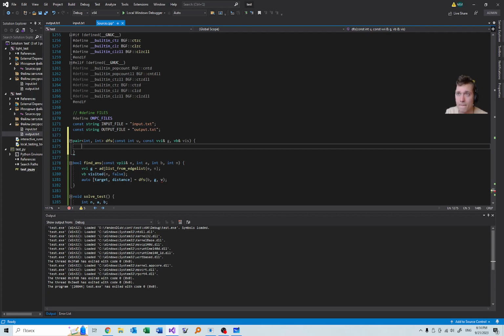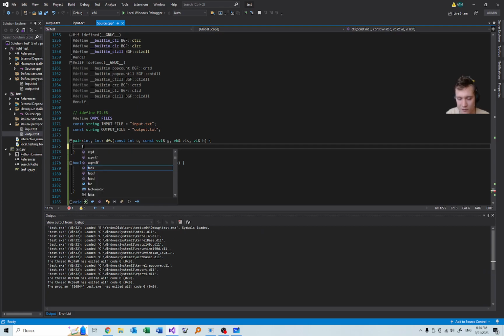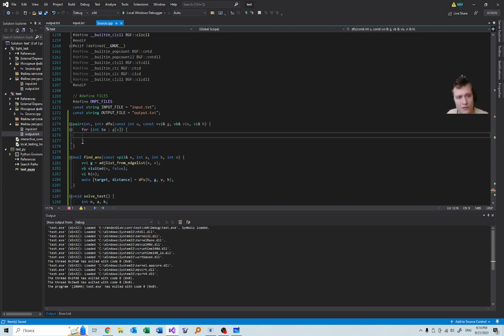So actually I also want to have the array of distances. So here we go through G of U. And also I want to keep track of parents.